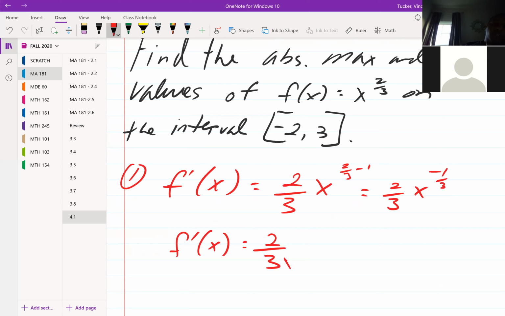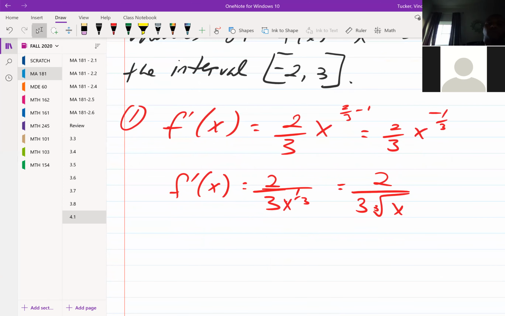And I can bring that down to the bottom to make it positive. So really that is 2/3 cube root of x.